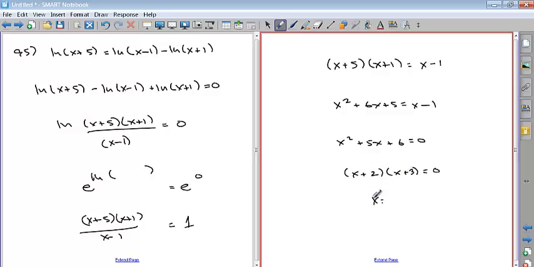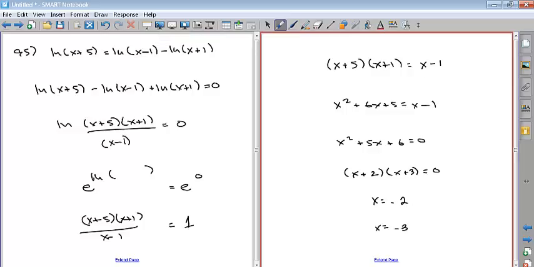So the two solutions are x equals negative 2 and x equals negative 3. The problem is that those are going to result in negative arguments. And so those are solutions, but they're not real solutions. So they're not in the domain. So there are no solutions to that particular problem.